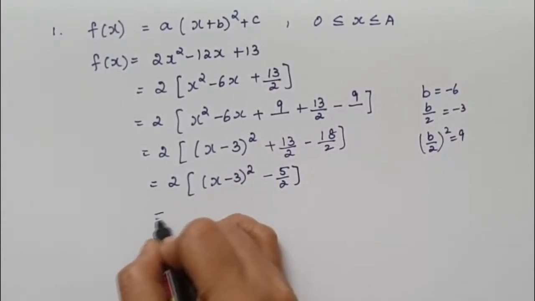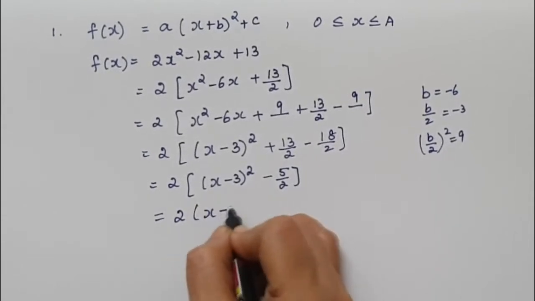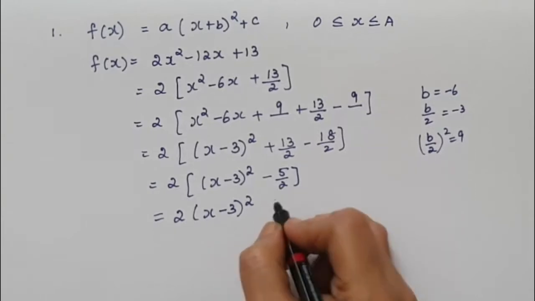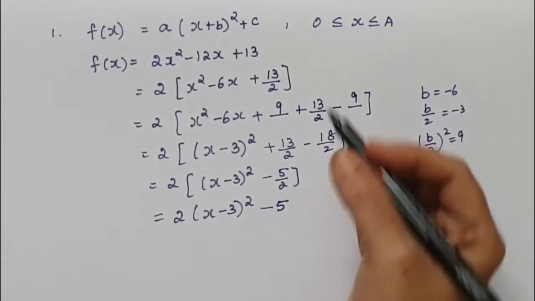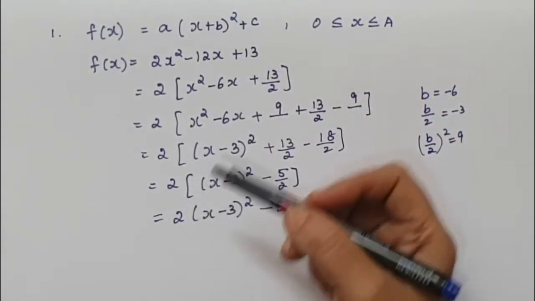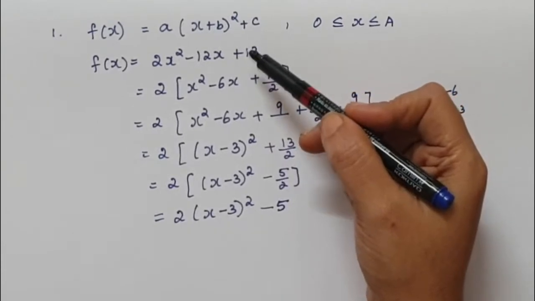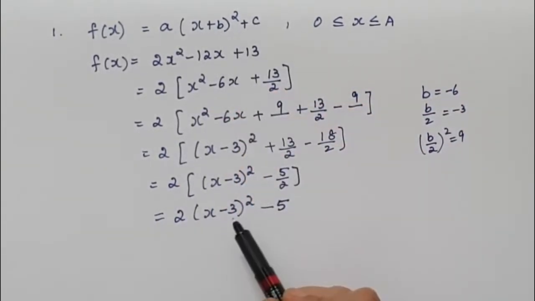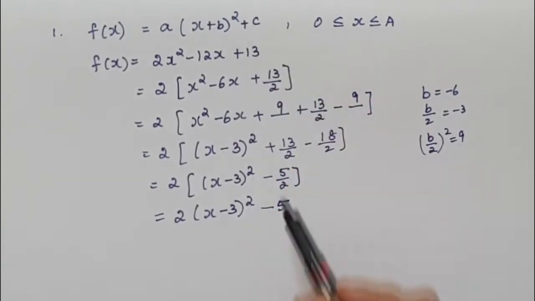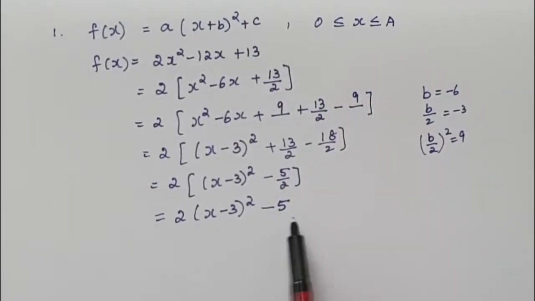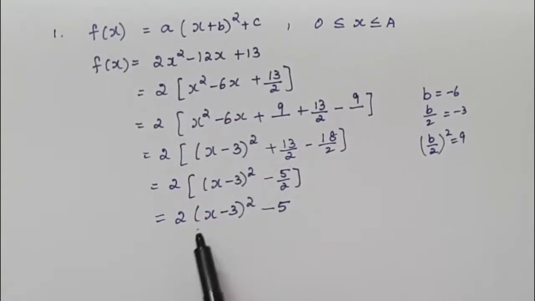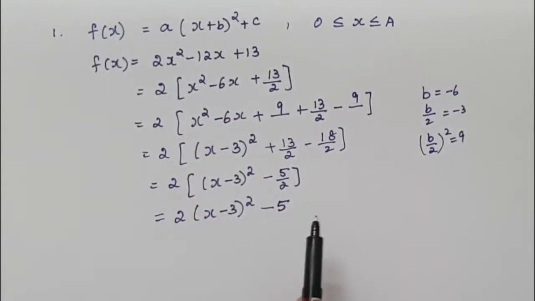Now multiply this 2 inside. 2 into x minus 3 the whole square, and 2 multiplied by negative 5 over 2 will give us negative 5. See, we have written it in the form. Some questions, when they tell us to write the values for a, b and c, we write a equal to 2, b equal to negative 3 and c equal to negative 5. But here they have just told us to write it in this form, so we are not doing any changes. We are just leaving it like this.